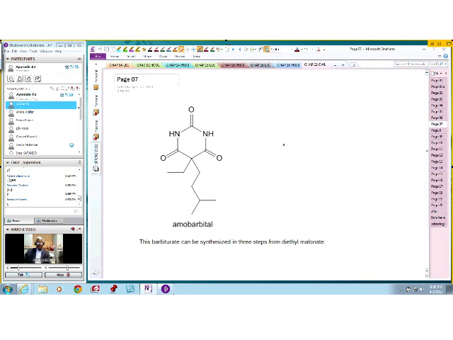We could synthesize it using the malonic ester. Once you use the malonic ester to form part of this molecule, you could then react it with this here.